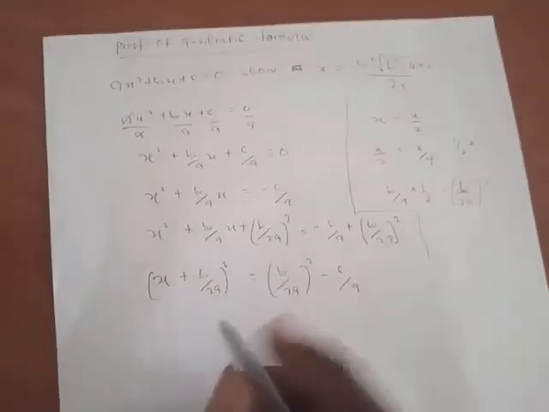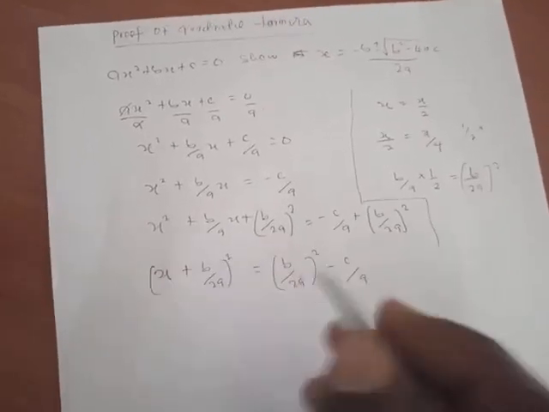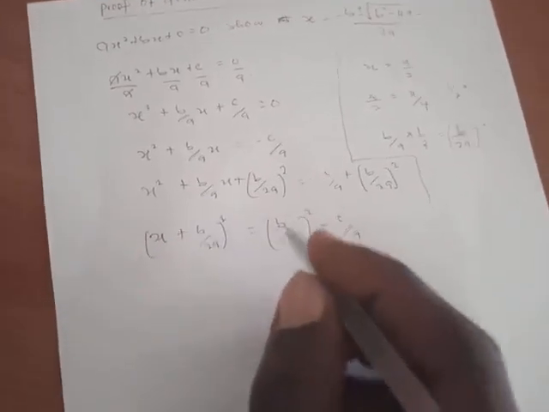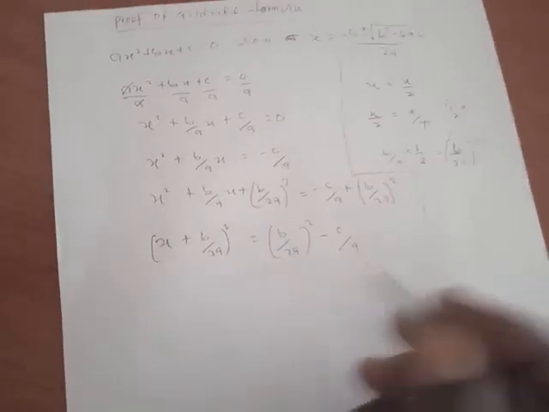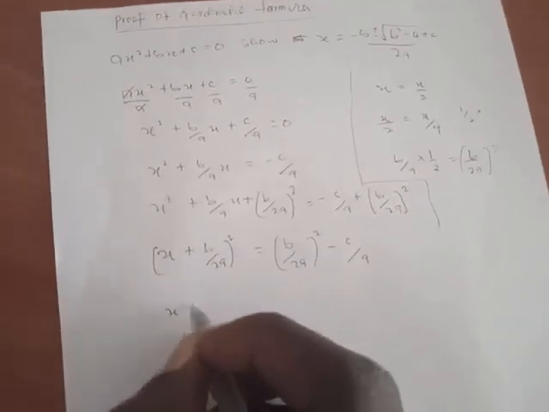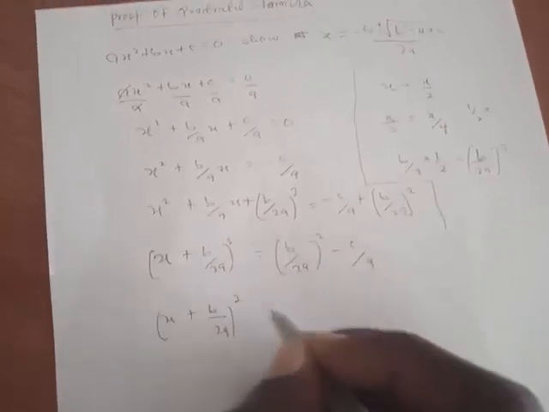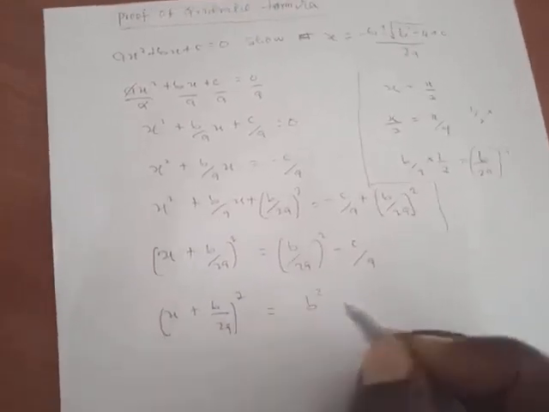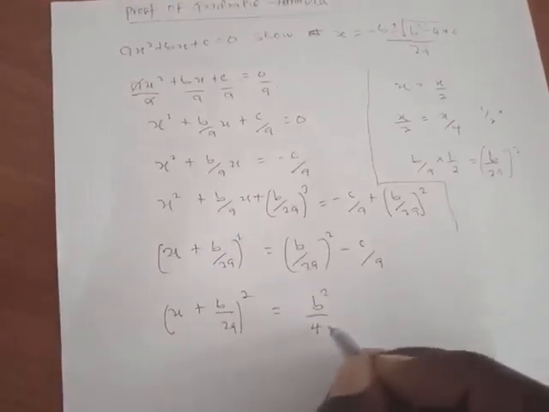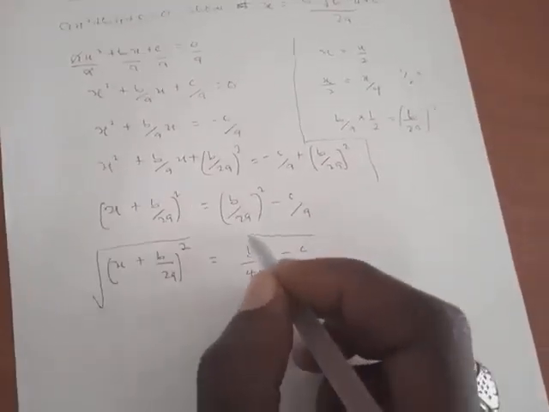Commutative is allowed. So here we can now take the square root of both sides, but before that let me remove this square. So we have x plus b over 2a squared is equal to b squared over 4a squared minus c over a. So we can now take the square root of both sides.